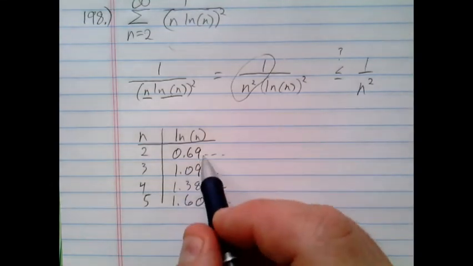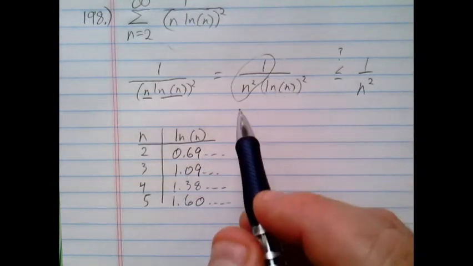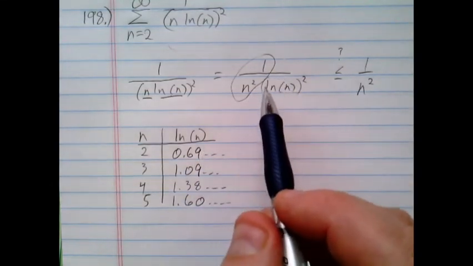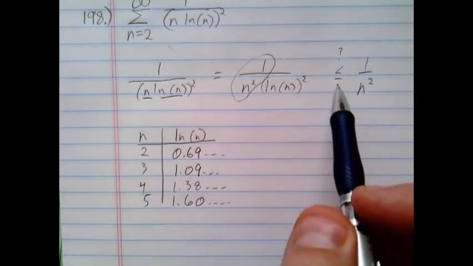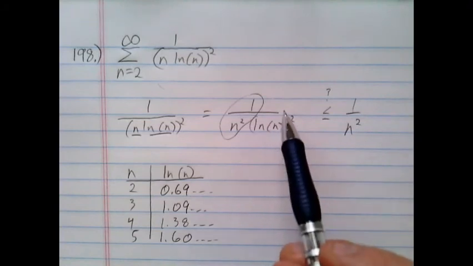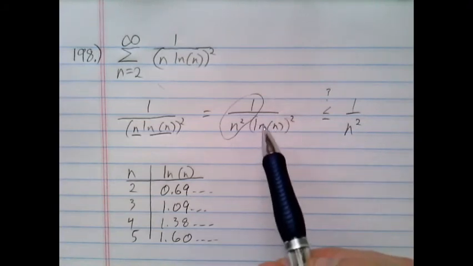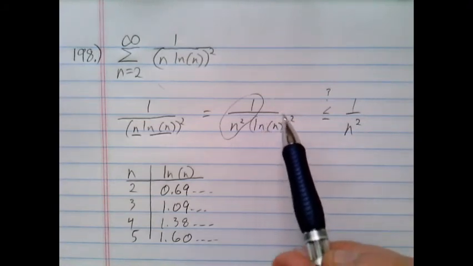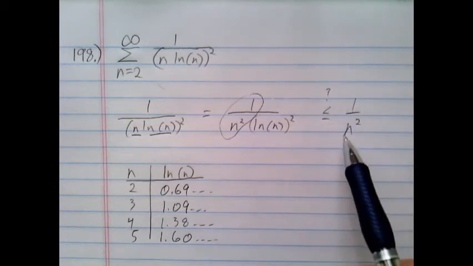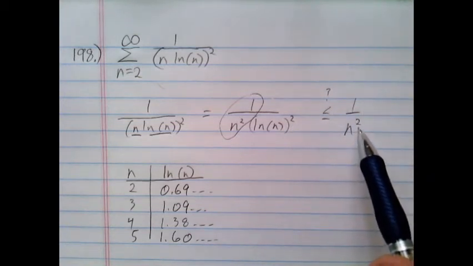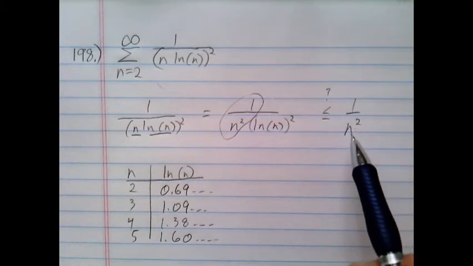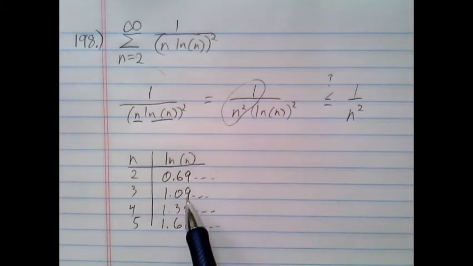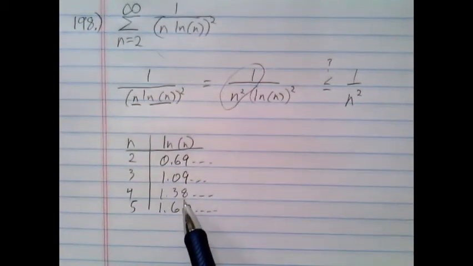So if I take 0.69 squared out of the denominator, that actually makes the denominator bigger, which would make the fraction smaller. So this statement here, that 1 over n squared times natural log of n squared is less than or equal to 1 over n squared, that's actually not true for n equals 2, but it looks like it would be true for all the n values after that.